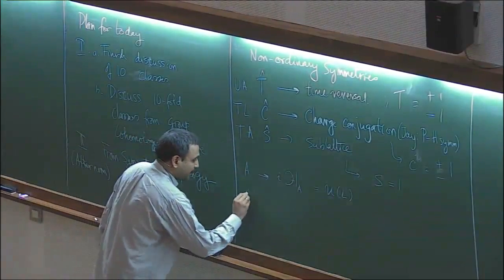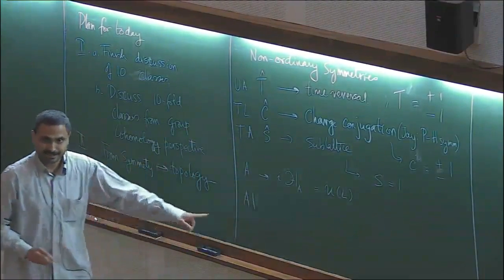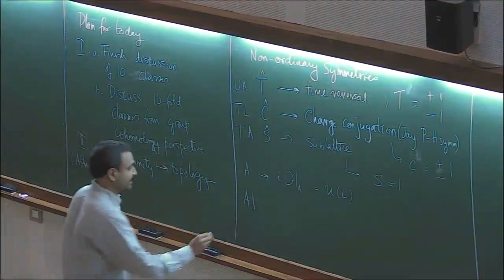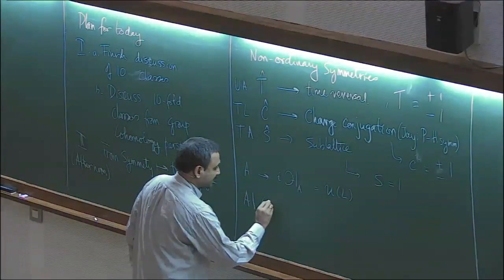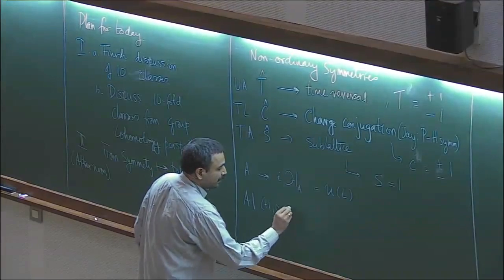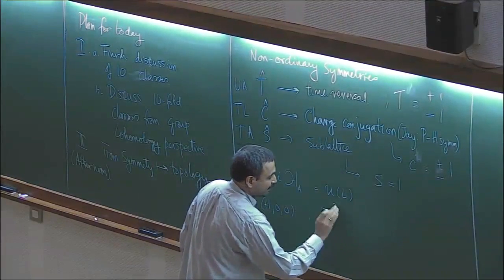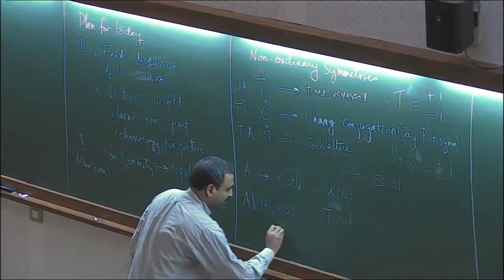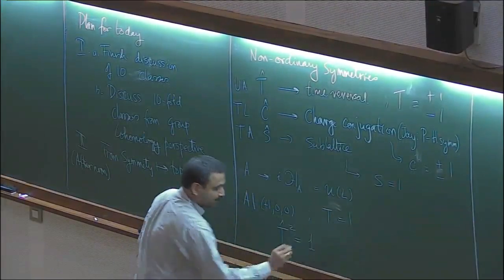Then I went to the class AI. If you look at the symmetry signature there, this is a system with symmetry signature 1, 0, 0. So here we get T squared equal to 1. What that means is the operator T squared is actually 1.